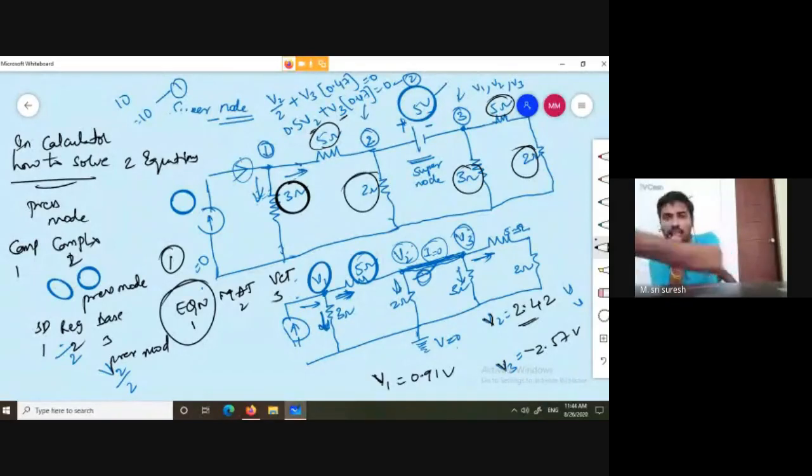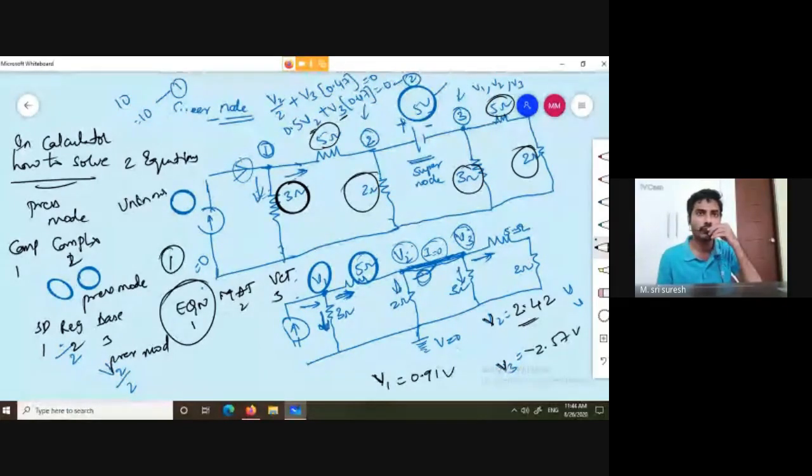That means you need to press one button in your calculator. After pressing one button, it will ask for unknowns. Unknowns 2 or 3. So here we have 2 unknowns, so you need to press 2. If there are 3 unknowns, we need to press 3. In this way you can use a calculator.